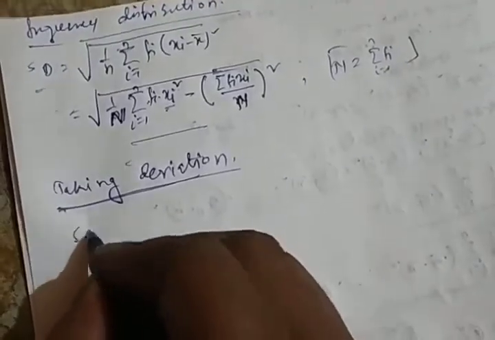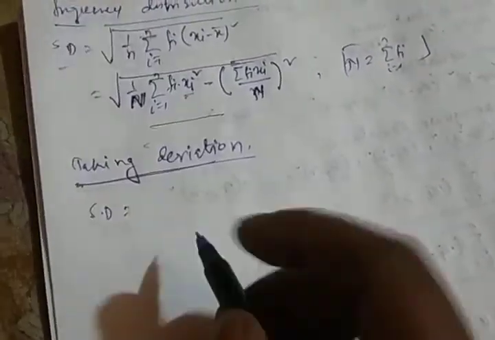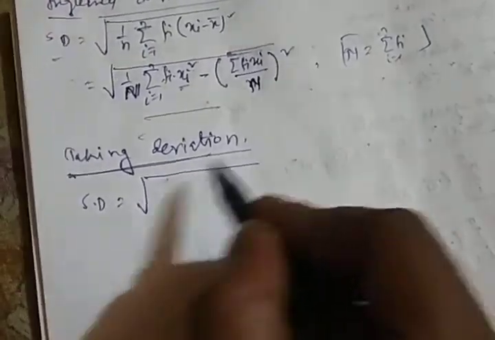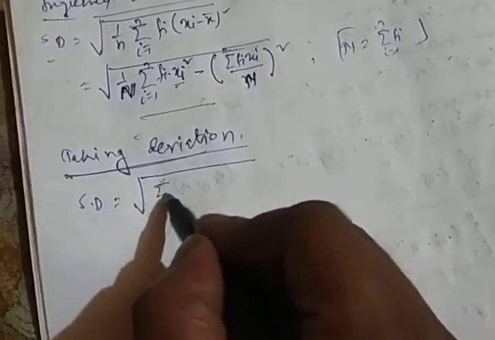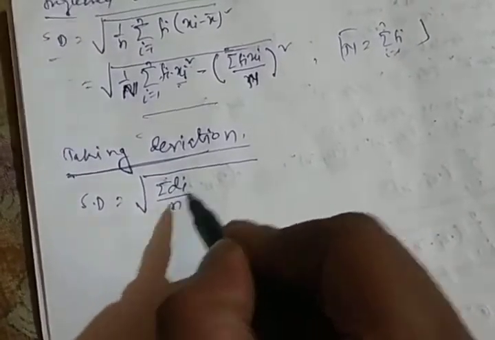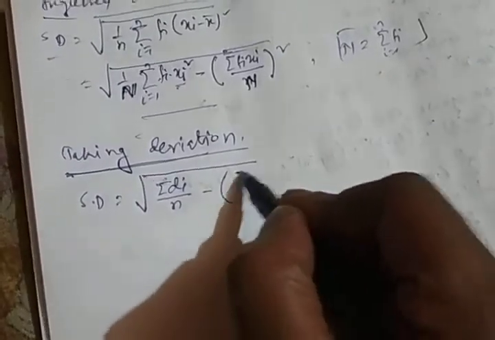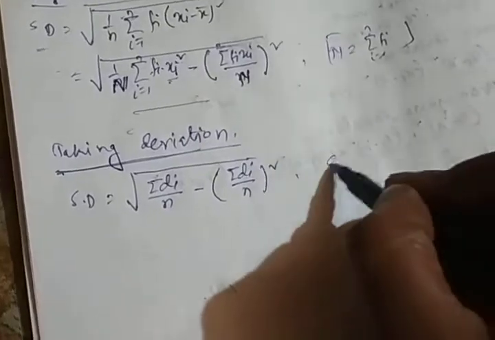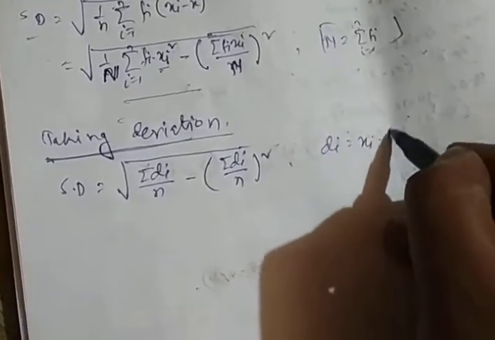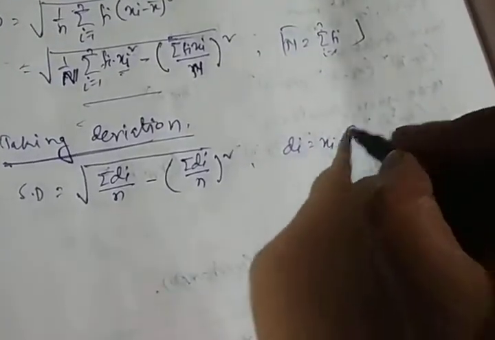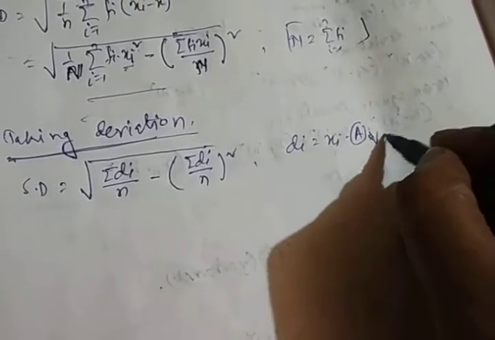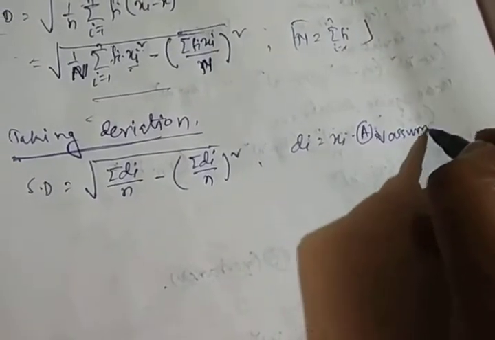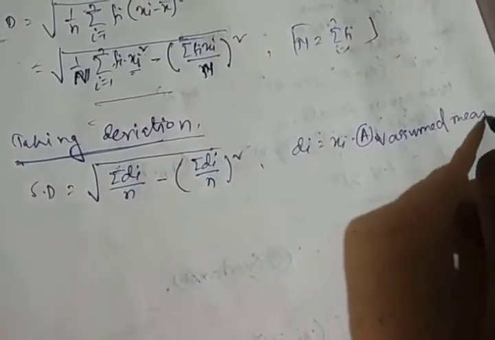So for simple series, the formula is root under summation di squared divided by n minus (summation di by n) whole square, where di equals xi minus a, and a is the assumed mean, without calculating the mean.